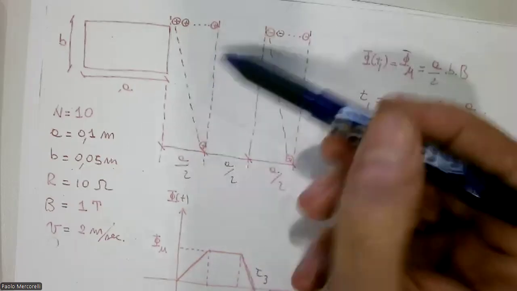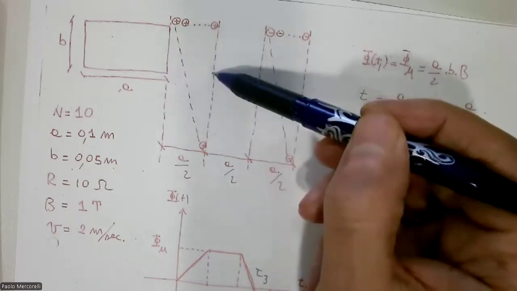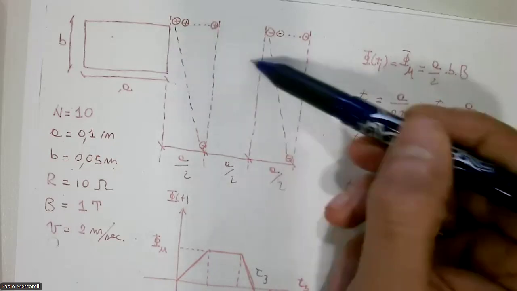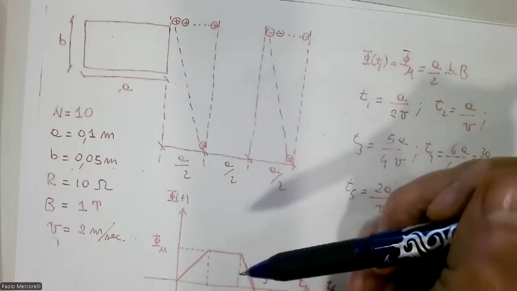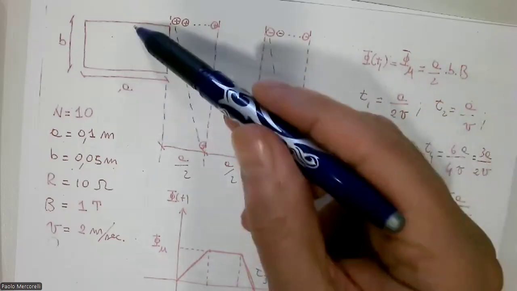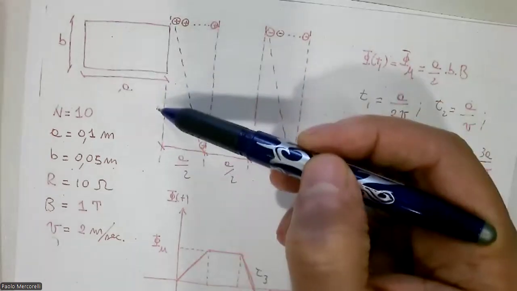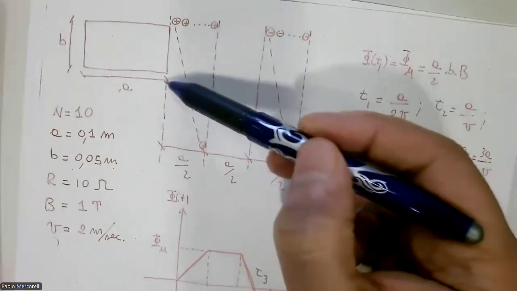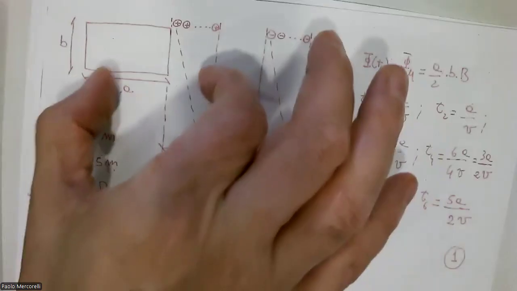Why does it remain constant? Because when this conductor goes right, the effective surface does not change. Why that? Because half of the geometric surface is outside. This means moving and moving.